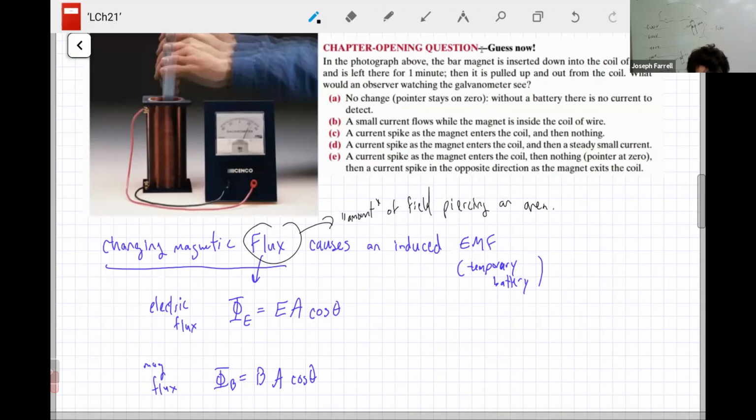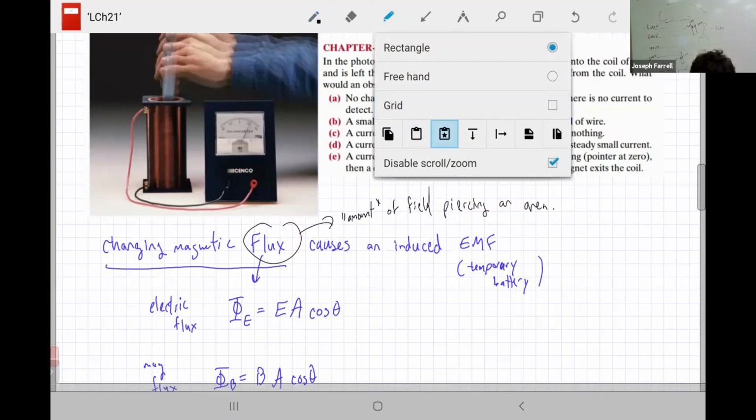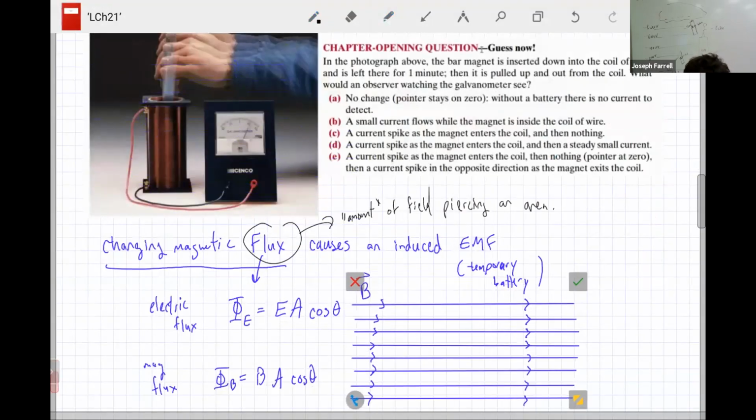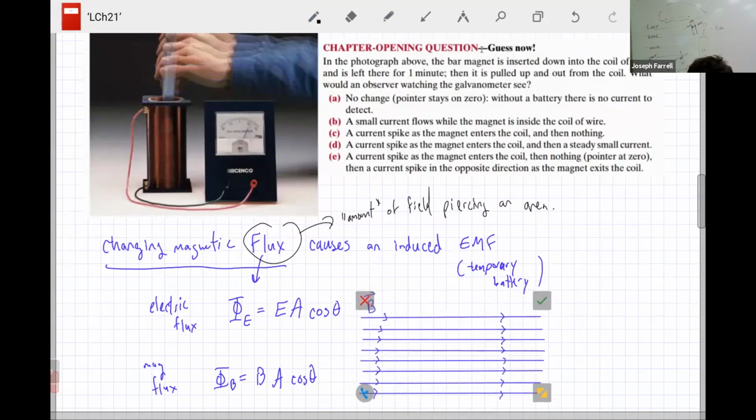So for example, let's say I have a uniform magnetic field, just as a nice simple definition.